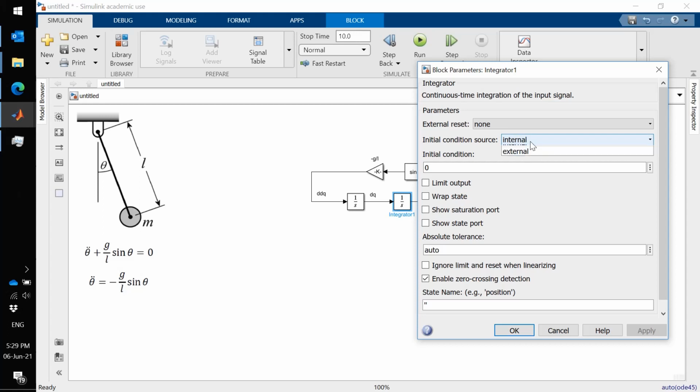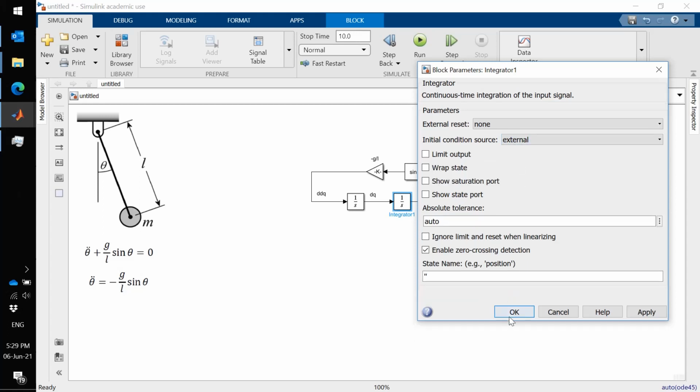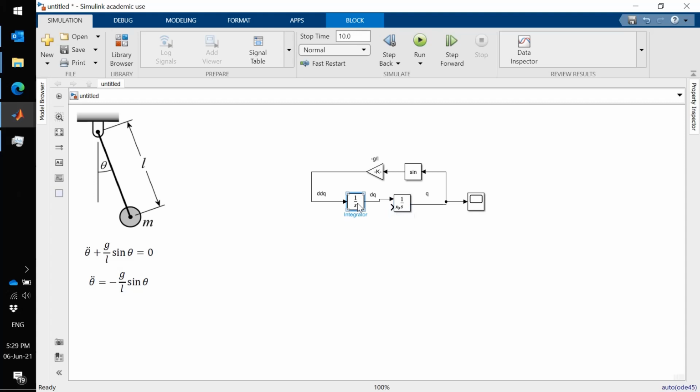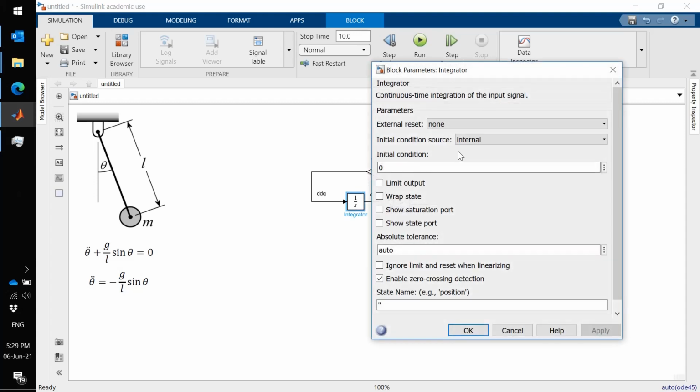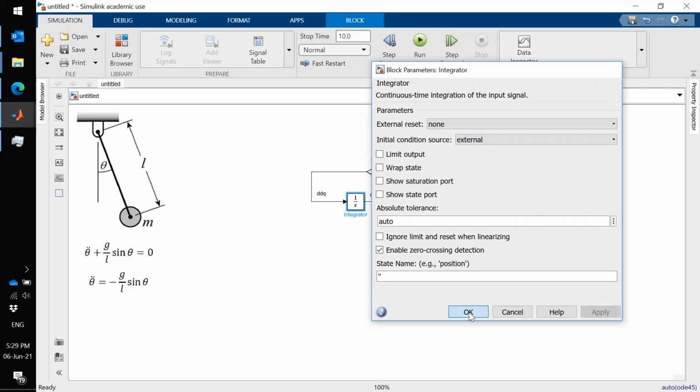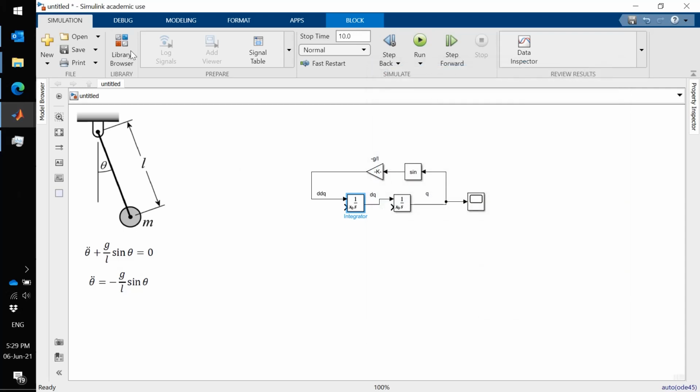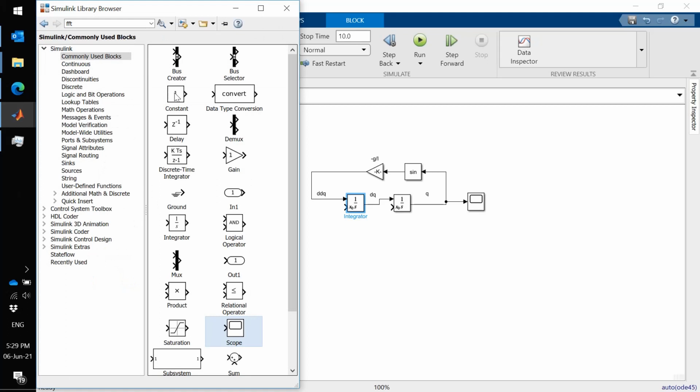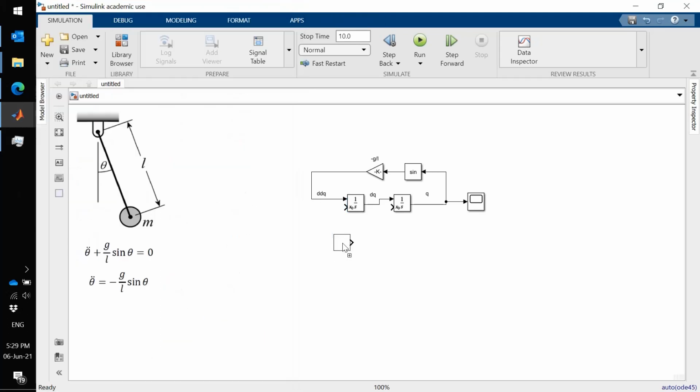So what I'm gonna do here, I will start inserting initial conditions. I'll do external initial conditions, another external initial condition here. Then let me add constants to define the initial conditions. Here's the first initial condition to the first integrator, so this will be v0 or q dot 0.